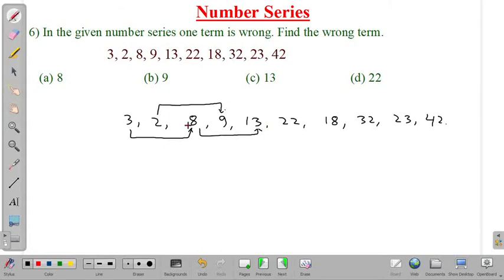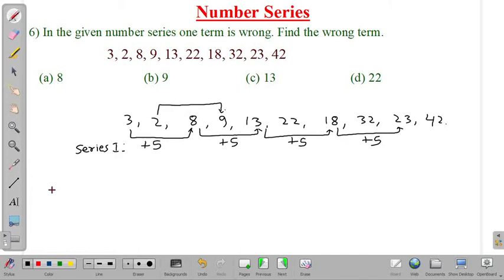If we see 3 and 8, in 3 when we add 5 we will get 8. Again if we add 5 to 8 we will get 13, and if we add 5 to 13 we are getting 18. So the next term will be 23. So all these terms of this series we can call series 1, right? There are two series, so this is series 1.